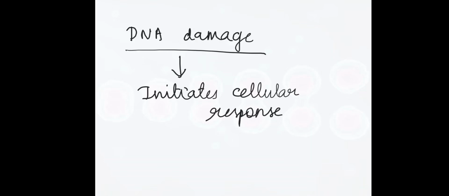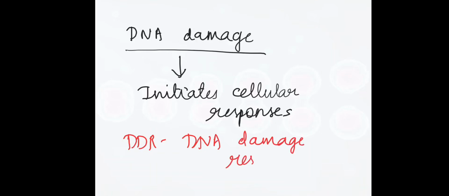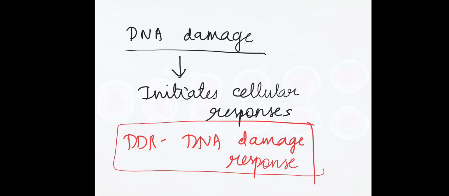Those responses are collectively termed as DDR. DDR stands for DNA damage response. In response to the DNA damage, eukaryotic cells activate different types of cellular networks, which are collectively termed as the DNA damage response.